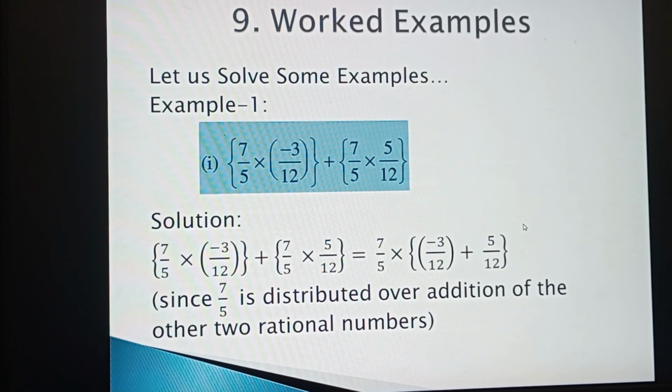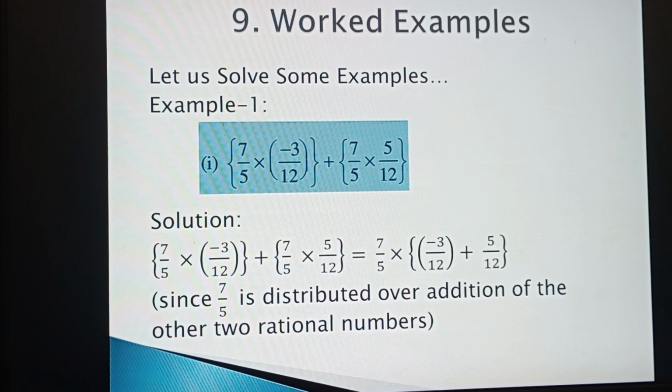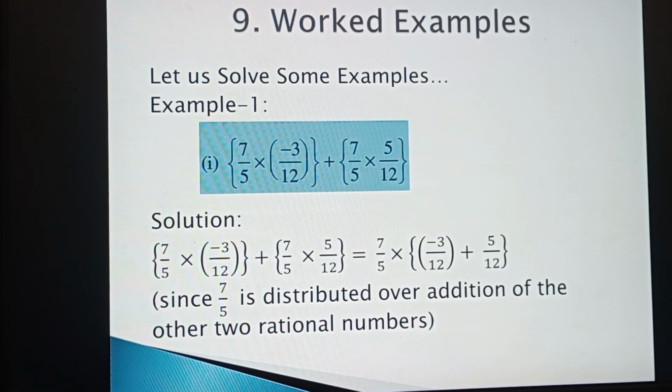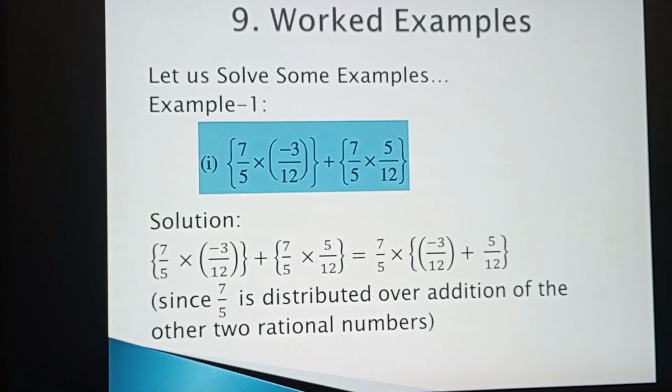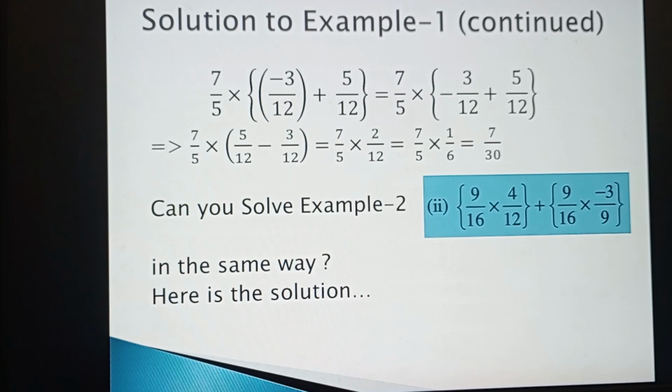Example 1 is being solved here. 7 by 5 is distributed over the addition of minus 3 by 12 and 5 by 12. The addition is a simple addition of minus 3 by 12 and 5 by 12. And we get the answer as 7 by 30 after simplification.